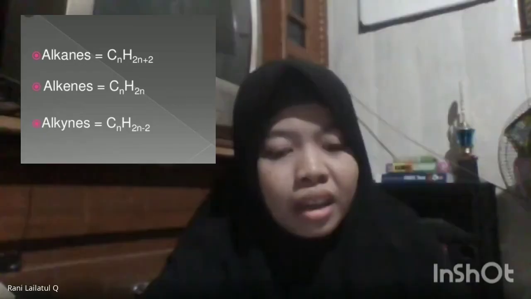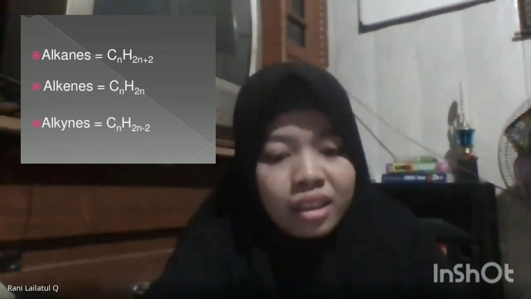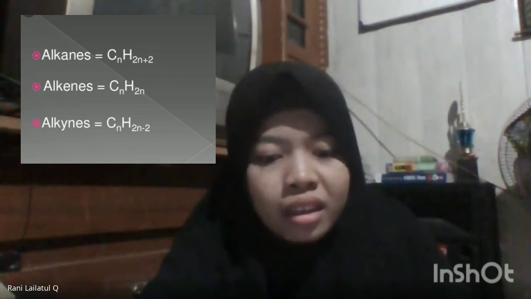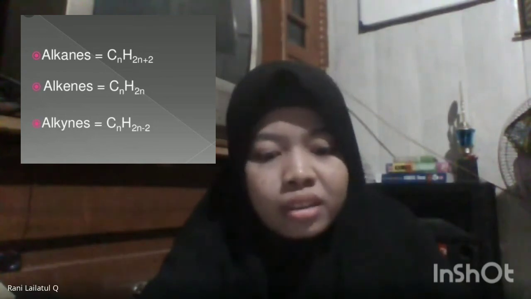Okay, now can anyone tell me what the different types of hydrocarbon from our lesson today are? Alkane is CnH2n+2. Alkene is CnH2n.